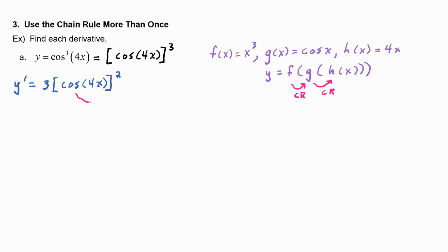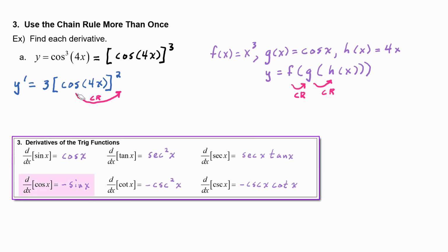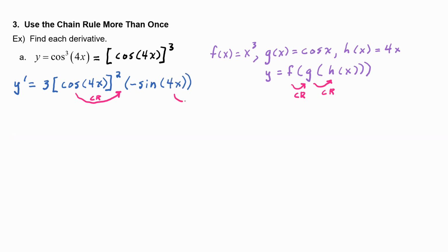Now we have to apply the chain rule, and we know that the derivative of cosine of some stuff is going to be negative sine of the stuff, which is 4x. And then the chain rule says that we have to take the derivative of that stuff, which is 4.